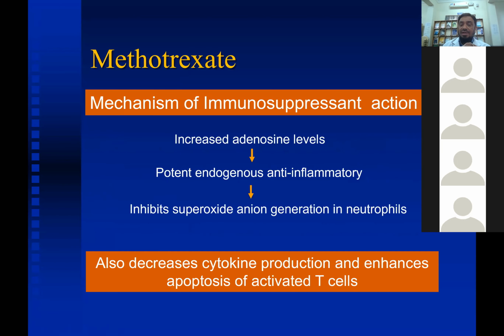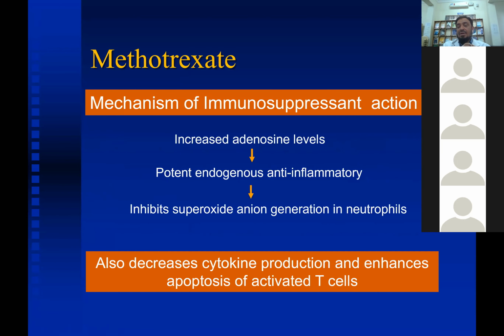Now coming to methotrexate. Methotrexate has multiple uses. It is an anti-cancer drug. Also, it is an immunosuppressant. The exact mechanism of action of methotrexate is not known, but what is postulated is that it increases the adenosine levels.